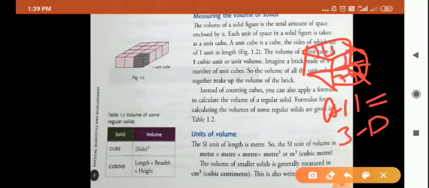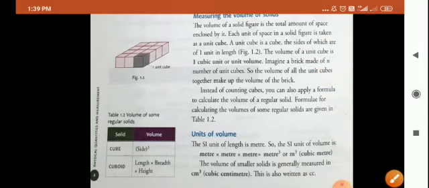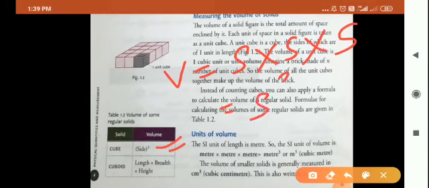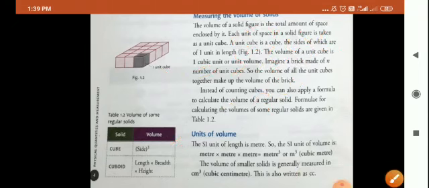So we are going to directly apply the formula for finding the volume of a cube, and the volume of the cube is given by side into side into side. That is why the formula is directly given, side into side into side, that is side cube, because this side is getting multiplied 3 times. And why are we taking the same side? Because all the sides are the same in a cube.